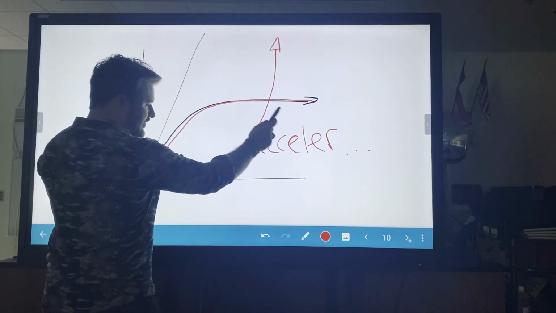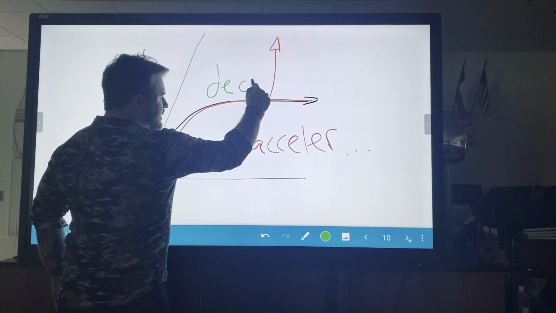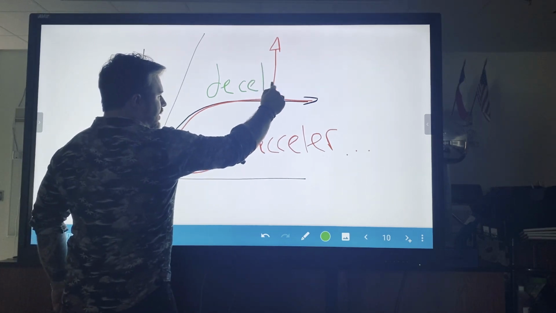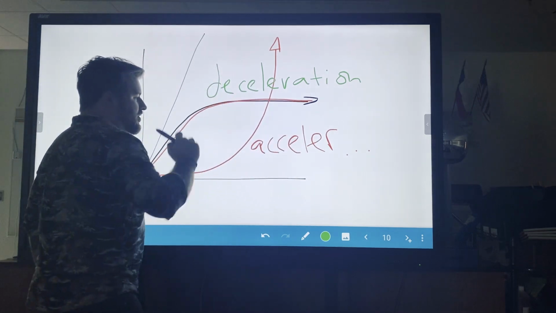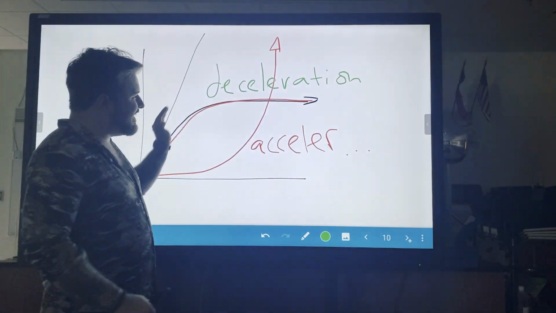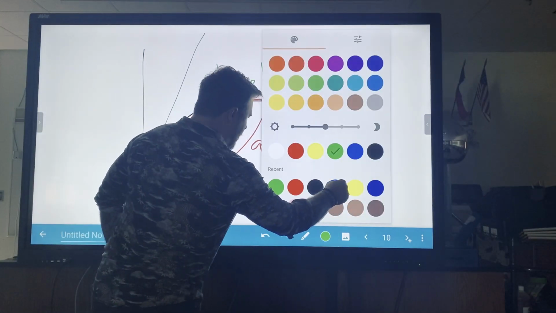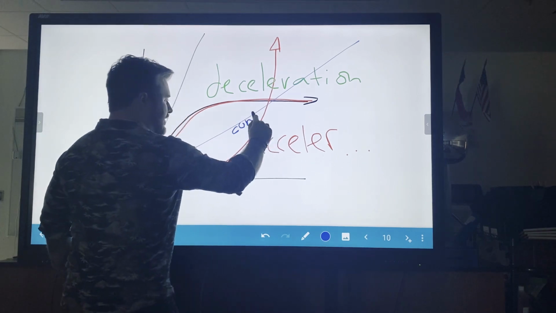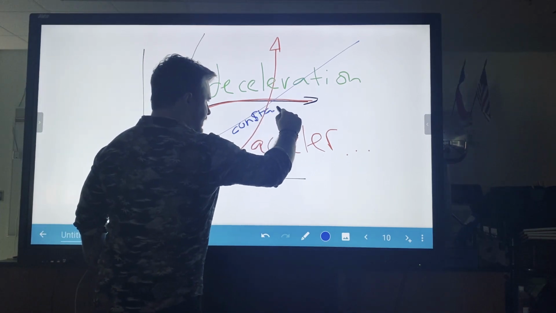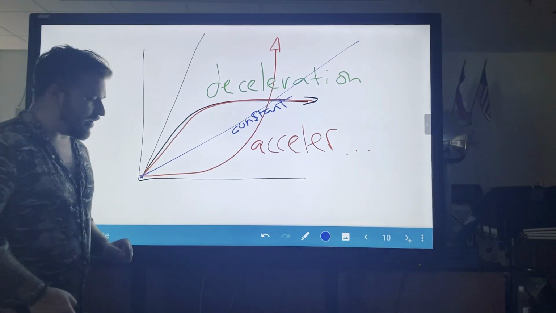This one is called deceleration. Acceleration, deceleration, right? And this, of course, going back to it, is the constant speed. That would be constant speed.